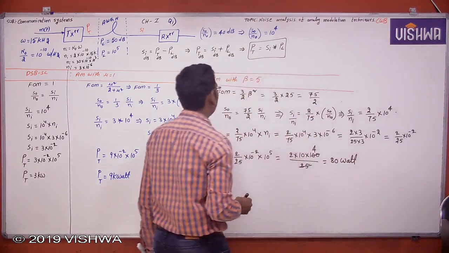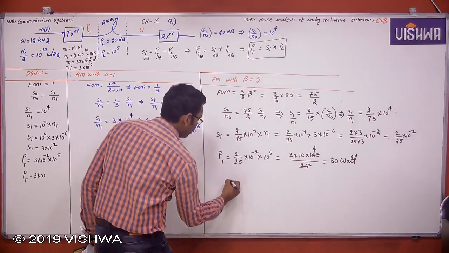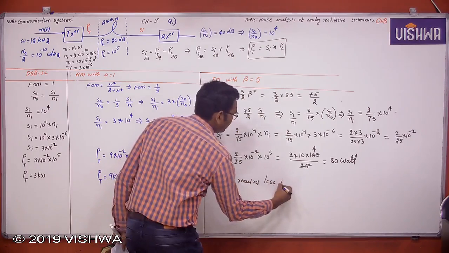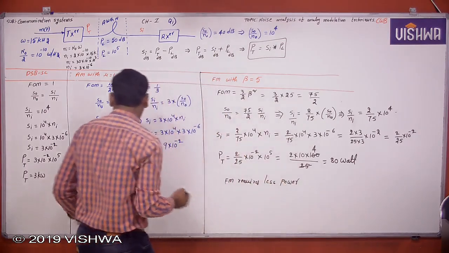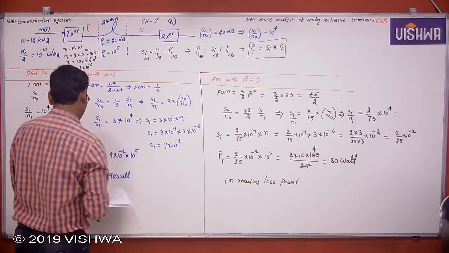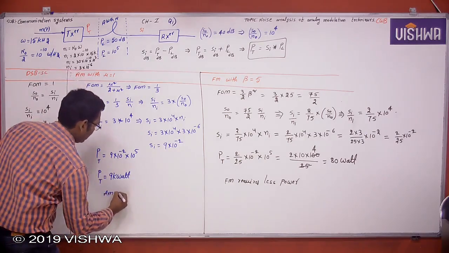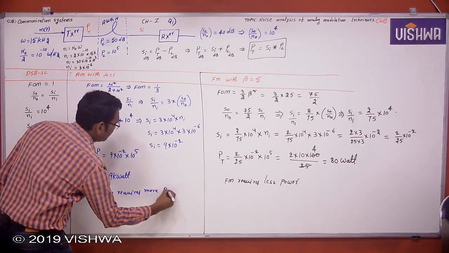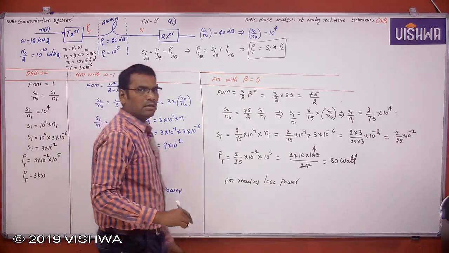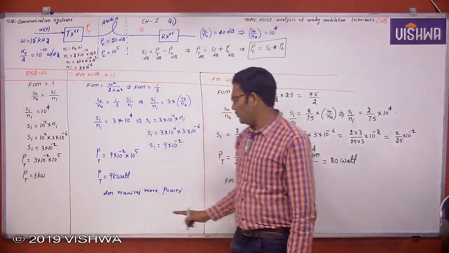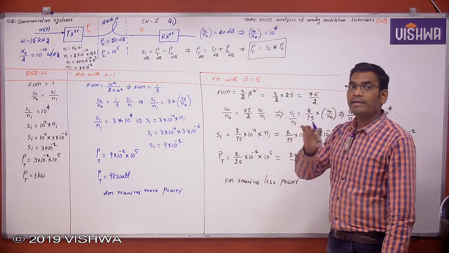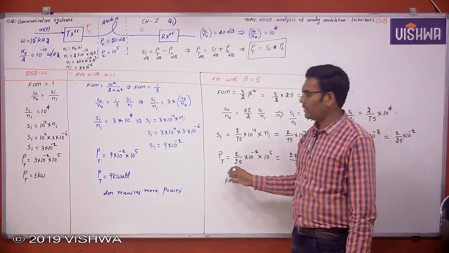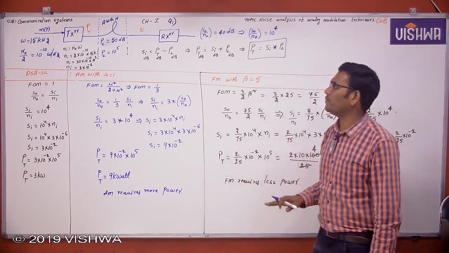Now here also you can easily understand FM requires less power. AM requires more power because here the information is in terms of amplitude, but in FM the information is not in terms of amplitude. Envelope is constant. The total transmitted power will be same as that of unmodulated carrier power. Like that the questions are asking.